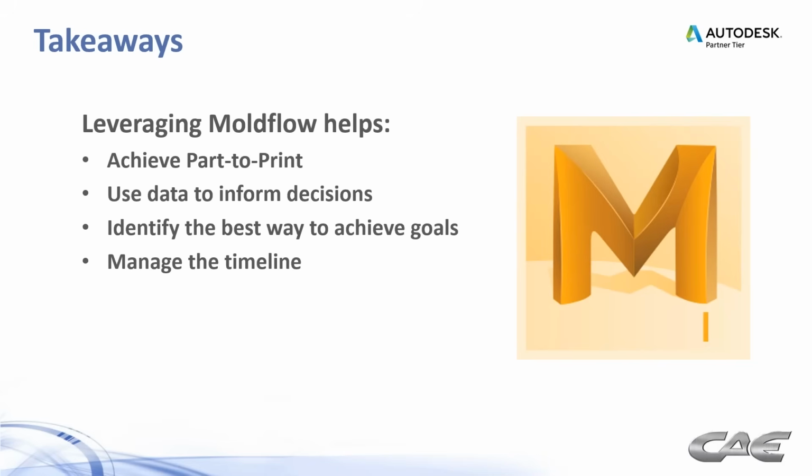And by doing so, that really helps you manage your timeline. If you know where to focus your efforts, you're not going to go down a lot of wrong paths to fix the problem. And that's unfortunately how it's done, traditionally, in the injection molding world. You build the mold, you run some parts and see what's wrong, and then go fix them. Maybe you guess at cooling, maybe you guess at processing, maybe you guess at gate sizing or something like that.